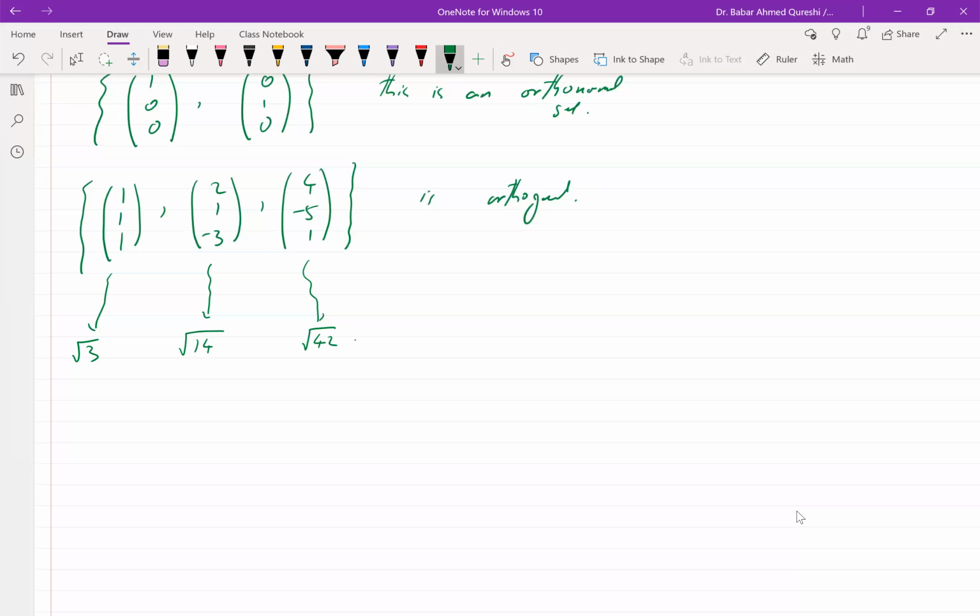So they were not normalized, but if I'm given an orthogonal set, I can very quickly normalize it. How? I replace these by these ones. I divide them by their length.